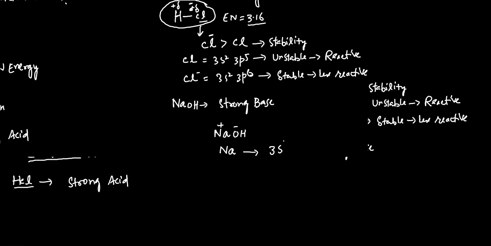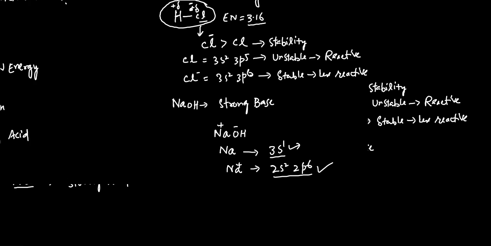It has one electron in the third shell, so it wants to lose that electron and gain a very stable electronic configuration, which is 2s2 and 2p6. So that is a very stable electronic configuration for sodium, and it prefers to have this.